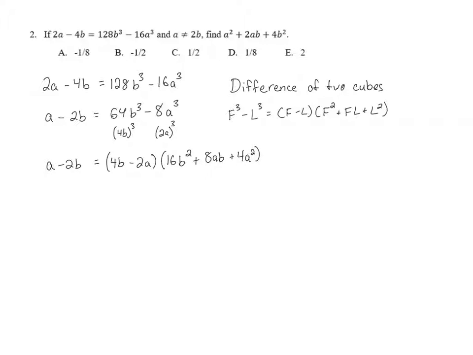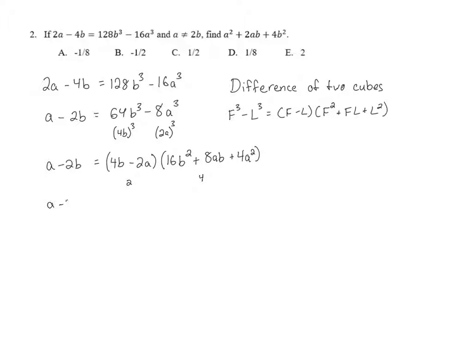At this point, I'm going to pull out the greatest common factor from each of the factors on the right. Notice that in 4b minus 2a, both of those terms are divisible by 2. And in 16b squared plus 8ab plus 4a squared, all of those terms are divisible by 4. So if we pull out a 2 and a 4, that's going to be 8.